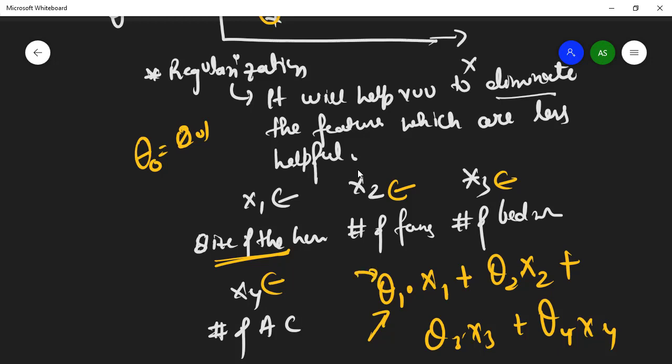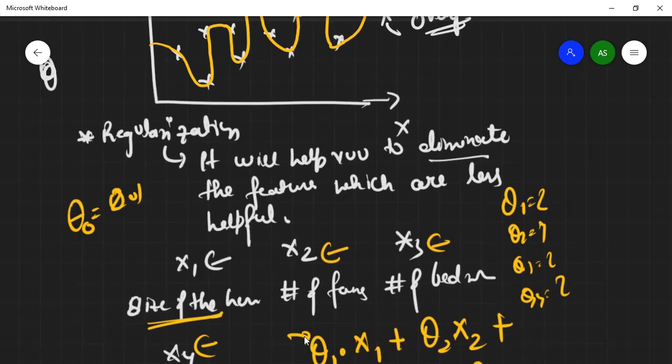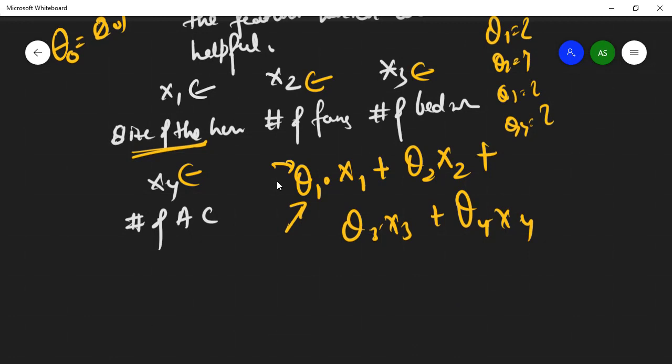So this theta is a weight for the feature. Let's take an example that our theta 1 is equal to 2, theta 2 equals 4, theta 3 equals 2, and theta 4 equals 2. So these thetas are to be learned, and our user will give the input.